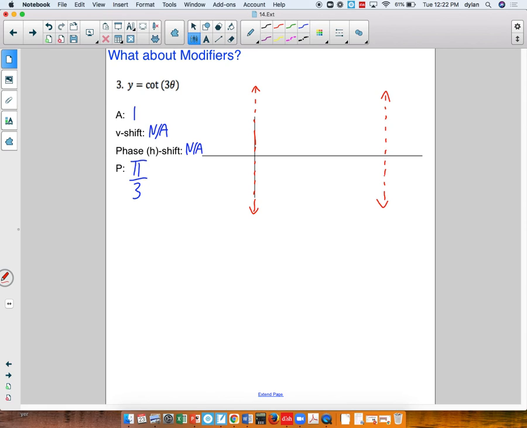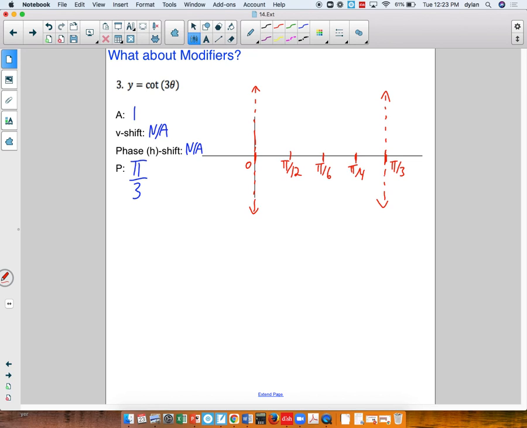And in this case, our points here would be at 0 and pi over 3. So then in the middle, we're going to be at pi over 6, and then pi over 12, and here we'd be at pi over 4.